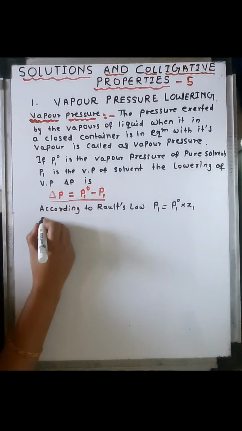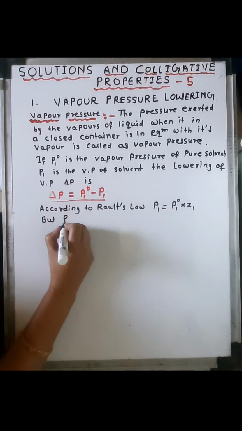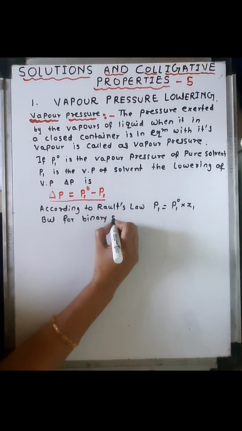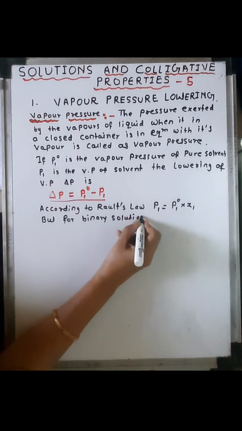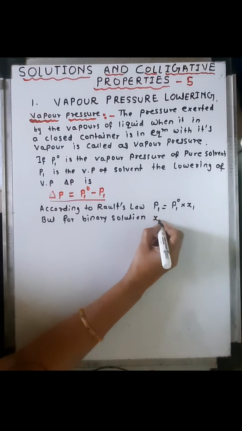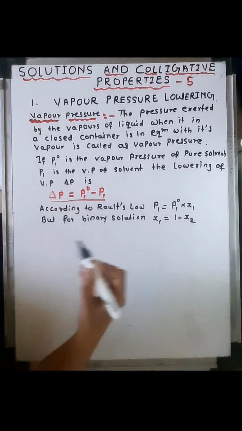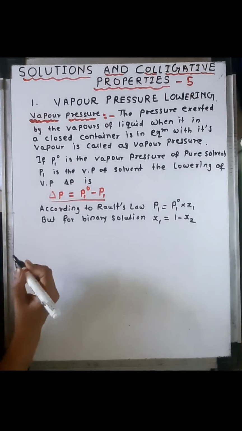But for a binary solution, X1 equals 1 minus X2, as X1 plus X2 is always 1.